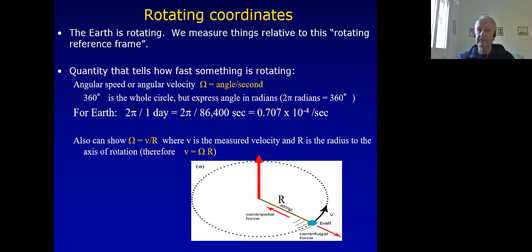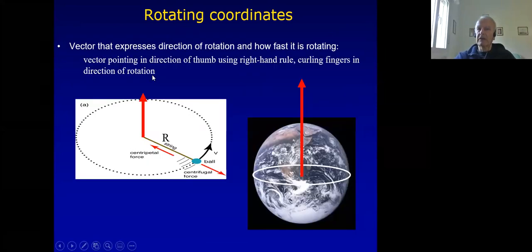And what do we have to do for this? First of all, we have to define the vector which defines this rotation, the vector that expresses the direction of rotation and how fast it is rotating, because every vector contains the magnitude and the direction.